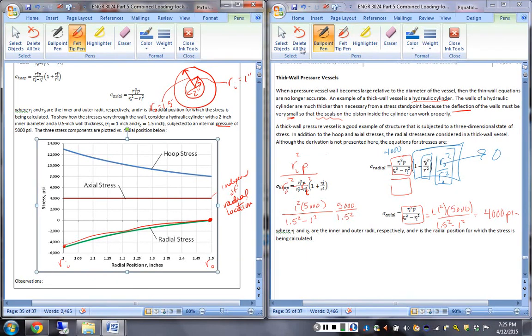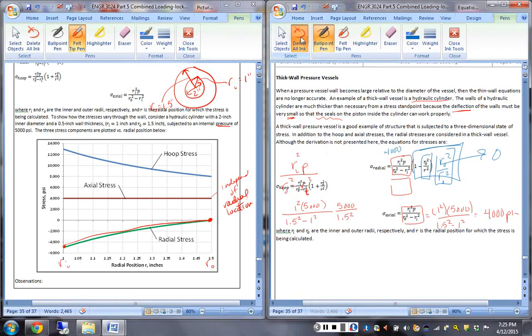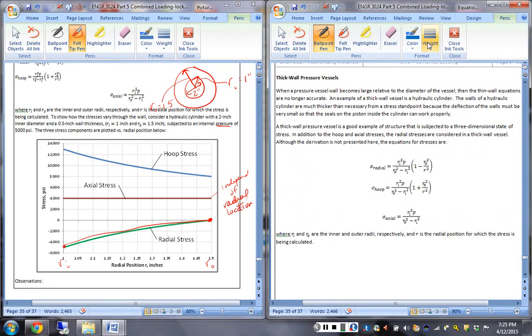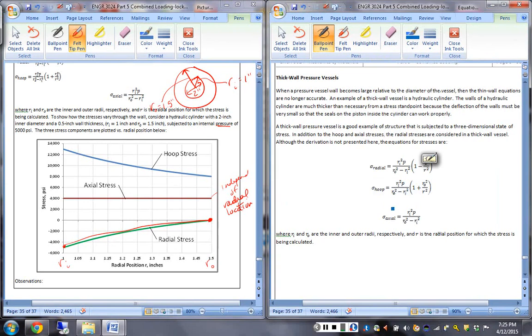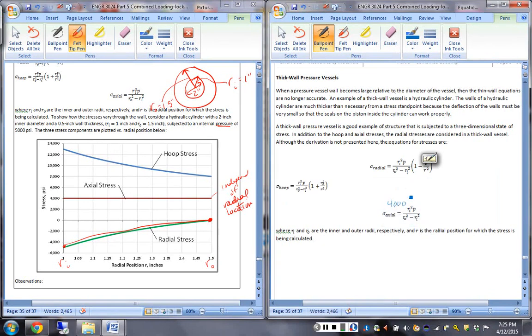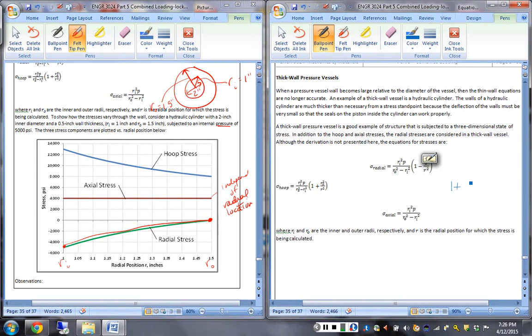If we look instead at our expression for the hoop stress, we have our same coefficient, which is 4,000, and we have a term that is 1 plus this ratio of the outer radius over our radial location squared.